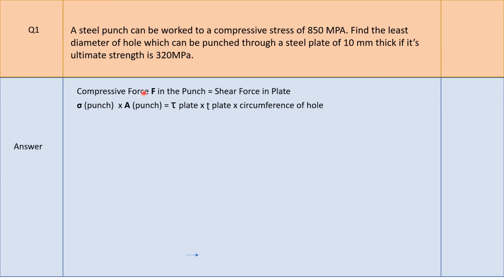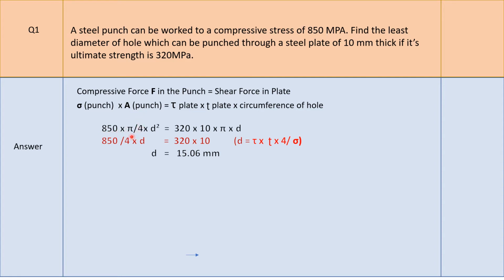Now, as we know, compressive force F in the punch is equal to shear force in the plate. The compressive force F in the punch is equal to sigma, that is the compressive stress in the punch, into cross-sectional area of the punch, is equal to shear stress of the plate, tau, into thickness of the plate into circumference of the hole. If we substitute the values, the compressive stress given is 850.